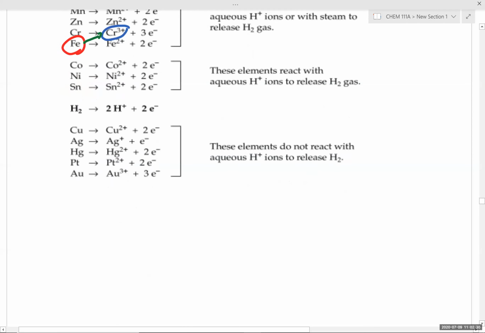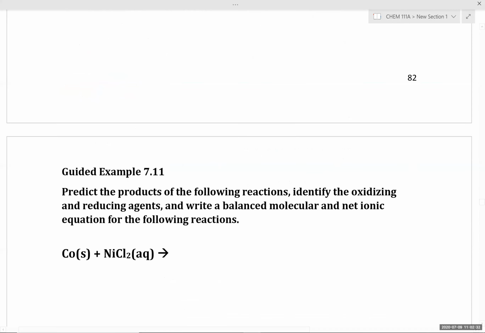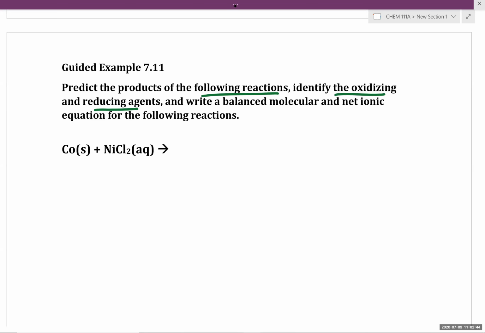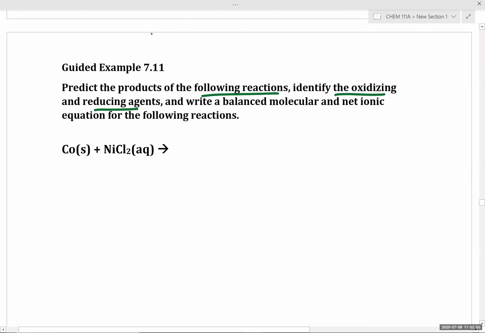Let's now try to apply what we've learned to the following example. We're asked to predict the products of the following reaction and identify the oxidizing and reducing agents. And then we're asked to write a balanced molecular and net ionic equation.